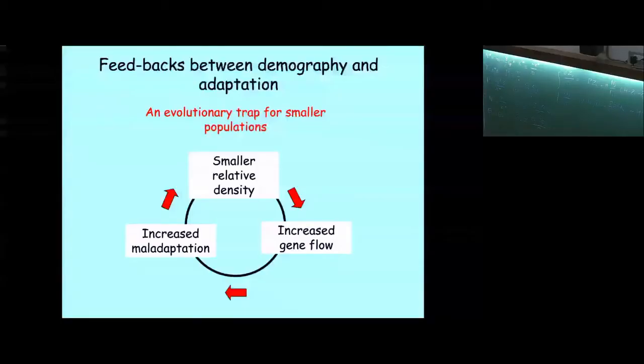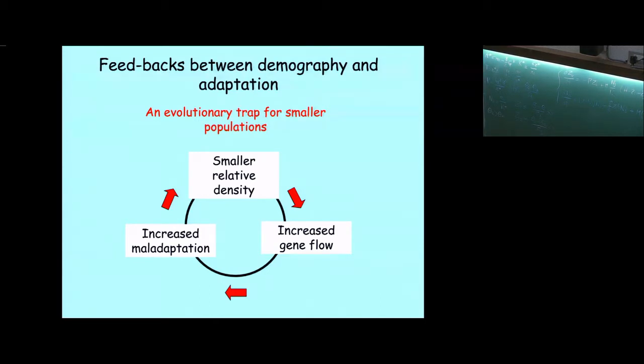Yesterday we finished here when we finally wrote a system of equations describing the joint changes in maladaptation as a scaled measure of mean phenotype and relative population density relative to the carrying capacity in each patch.